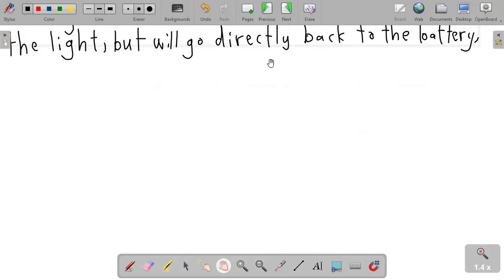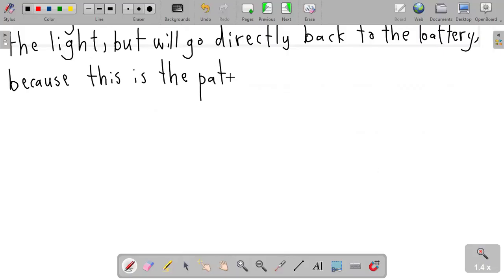Because this is the path of least resistance. Okay, this is the path of least resistance. Is the path that has the smallest resistance.